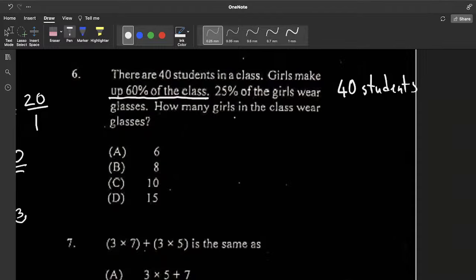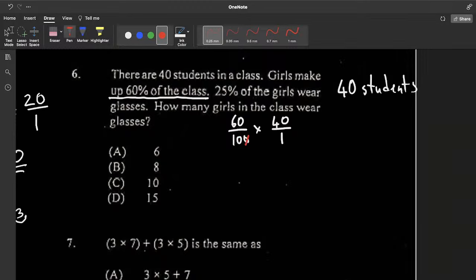Okay, how much is 60%? So we know that 60%, we put that over 100, and we multiply that by 40 over 1. So if we work this out now, I could say that 10 could go into 100 how many times? 10 times. So this is a little trick that we would do. We cross off some zeros because we're dividing by 10.